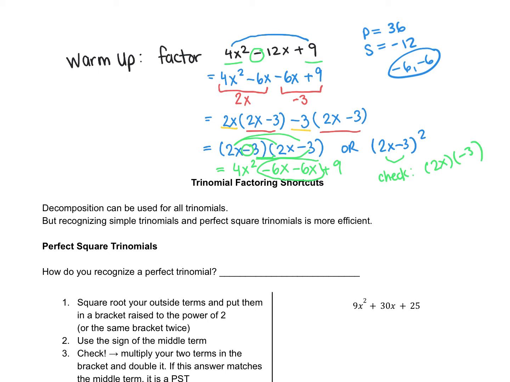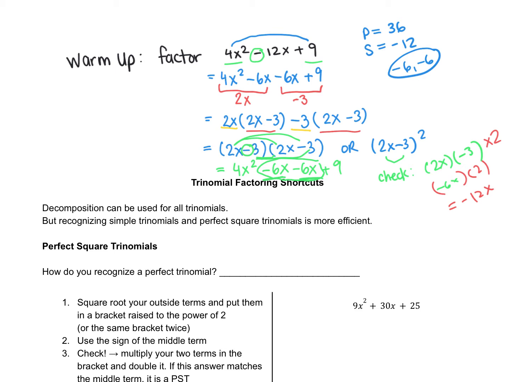And because that negative 6x occurs twice when you FOIL, we double this answer, so times 2. So 2x times negative 3 is negative 6x, and then when I double that, I get the negative 12x, which is my middle term. So if that middle term had been, let's say 10x, this would not have been a perfect square trinomial. We would erase it and we'd have to do full-on decomposition.